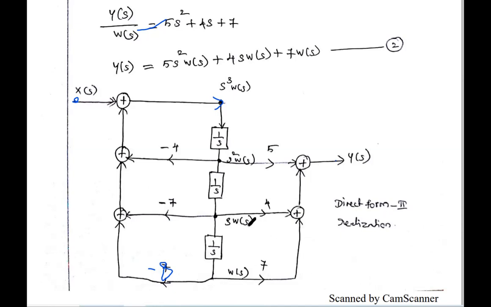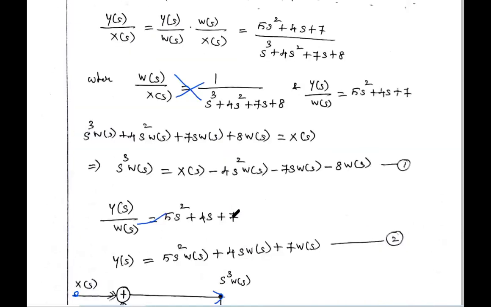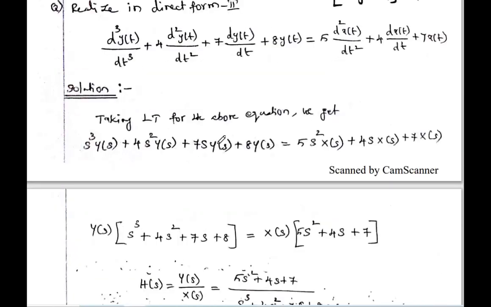These are the steps to be followed in order to realize the direct form 2 realization. This direct form 2 is the basis for the next 2 realizations, that is cascade form and parallel form. So this is an important thing. What are the steps we have to follow? First, the time domain equation.